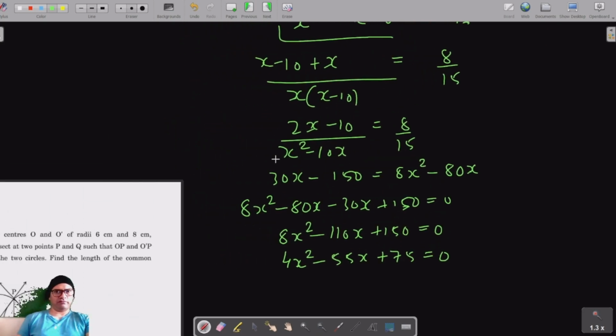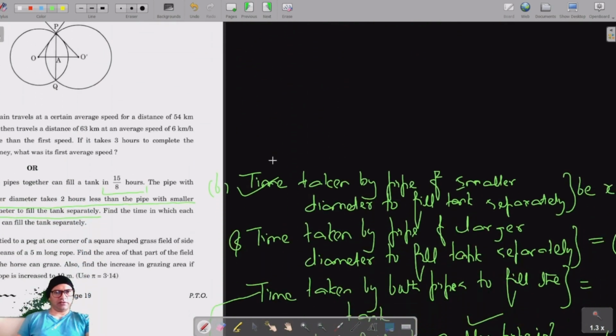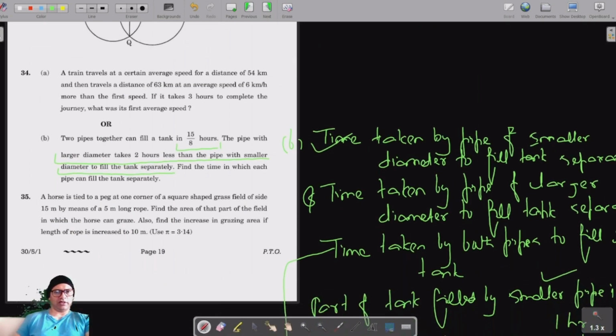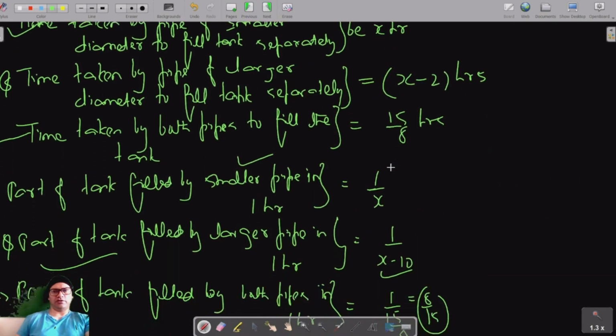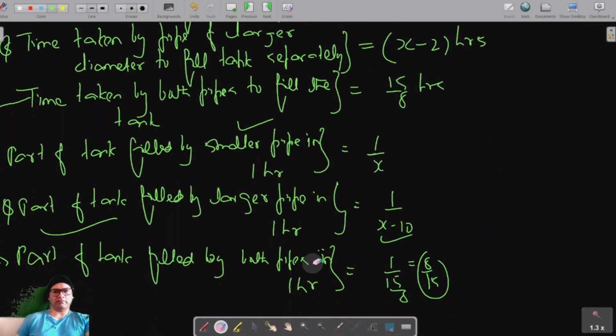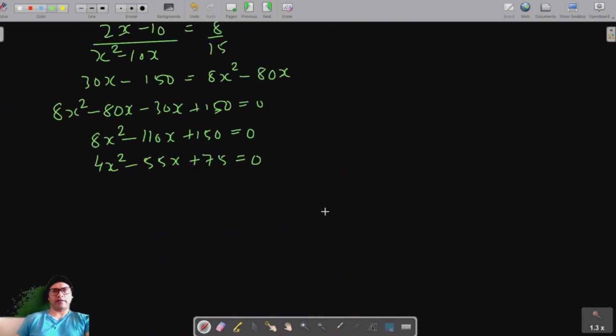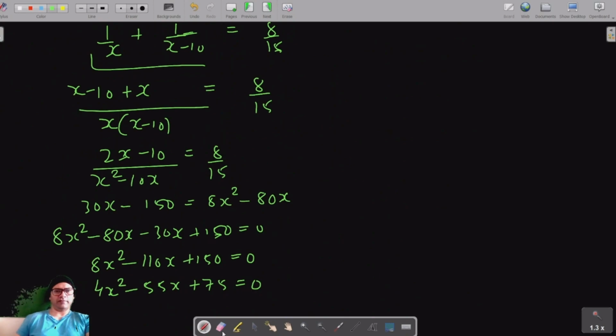We have taken some information incorrectly, and that is the 2 hours. I have written it incorrectly, it should be 2. So this is 1 upon x minus 2, and let me get this quadratic equation again.